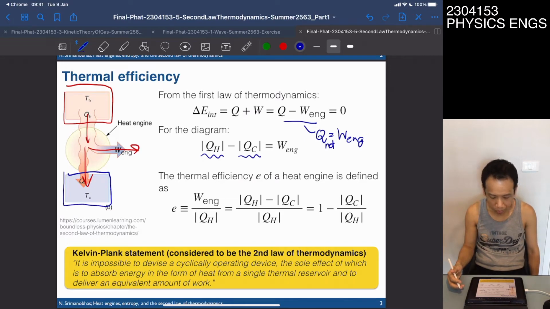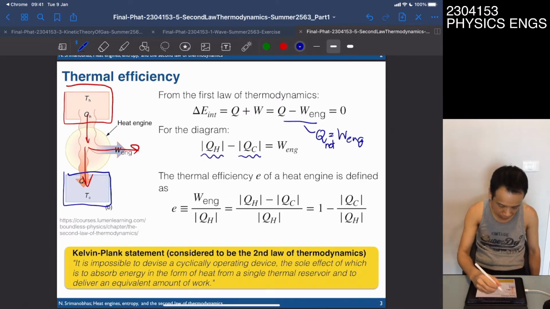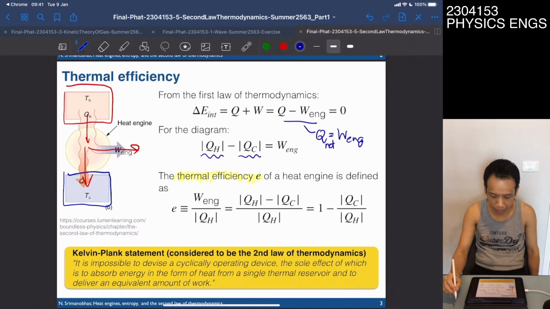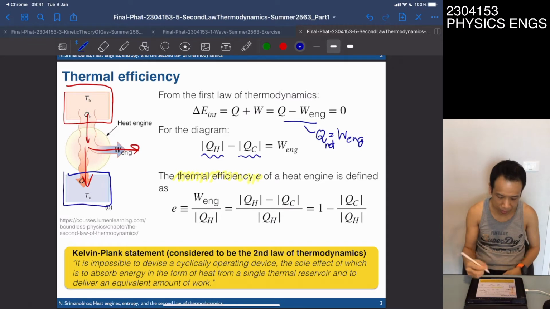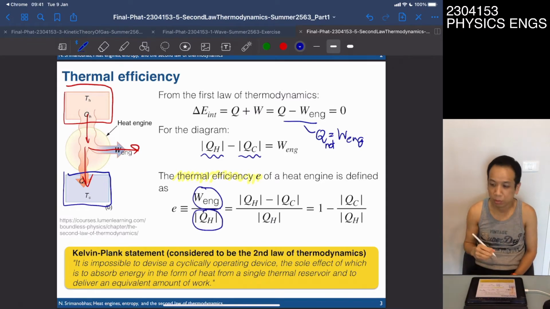So this Q net becomes work by the engine. We can talk about the thermal efficiency, e. So what exactly is it? It's efficiency, right? It means that you get something with respect to the overall input. So what you can define is basically the work that you get divided by the input, which is Q from the hot reservoir.